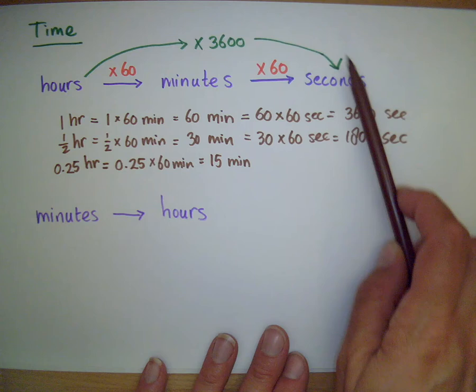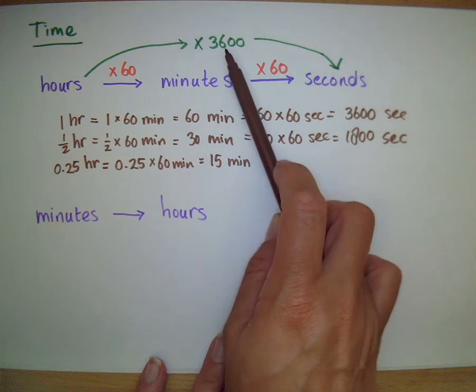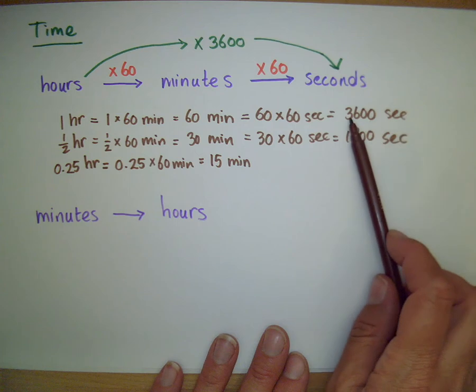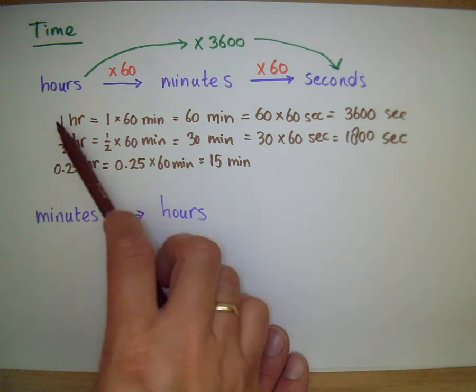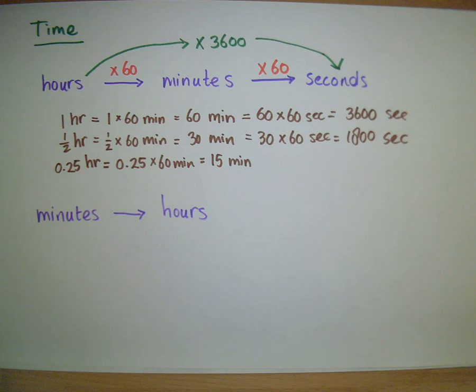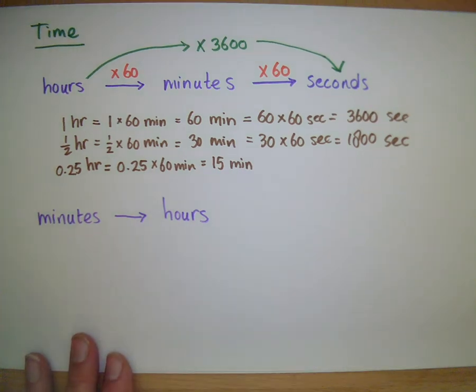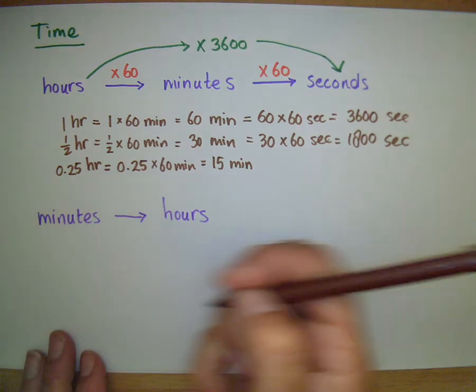So to go from hours to seconds, we multiply by 3,600, which is why 1 hour is 3,600 seconds, right? We show that there. All right, what if we wanted to go backwards?